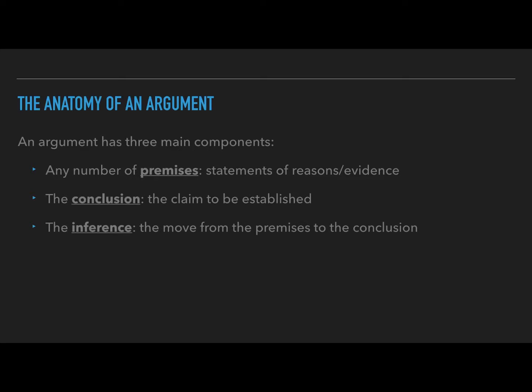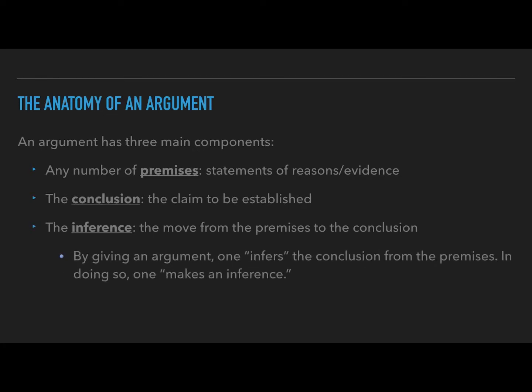And then the inference of an argument is just the connection between the premises and the conclusion. The move from the premises to the conclusion we call the inference. And so when somebody gives you an argument, what they're doing is inferring the conclusion from the premises. So in doing so, you're making an inference.